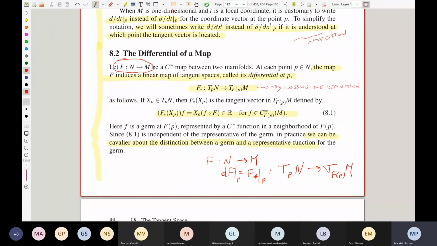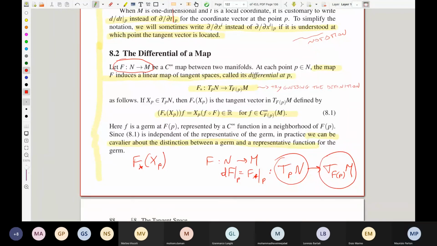How is this map defined? Well, as usual, just put together all the ingredients you have. You have F star, you take a tangent vector in P, and you must obtain a tangent vector here.